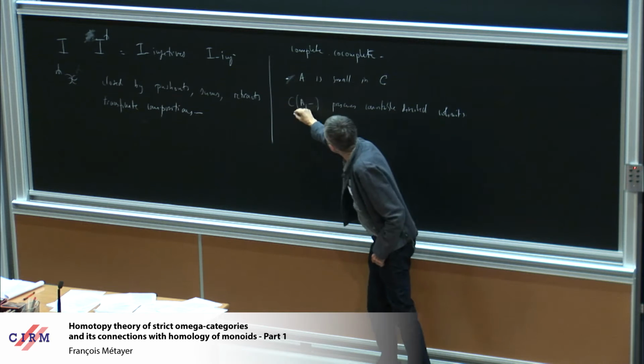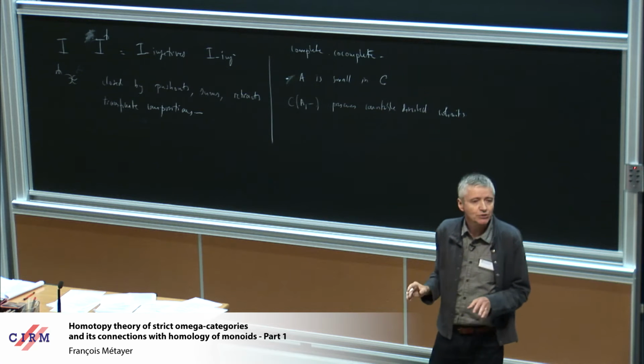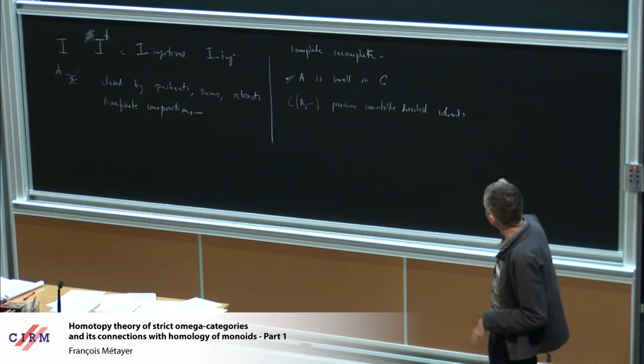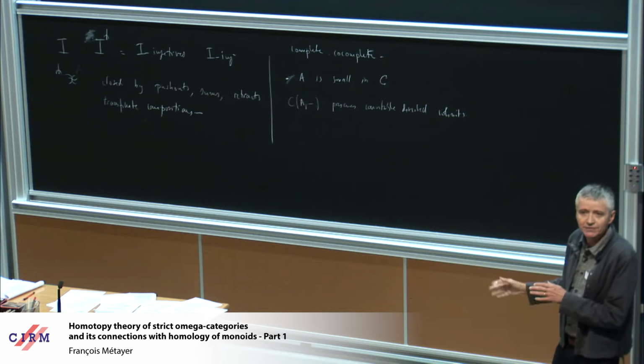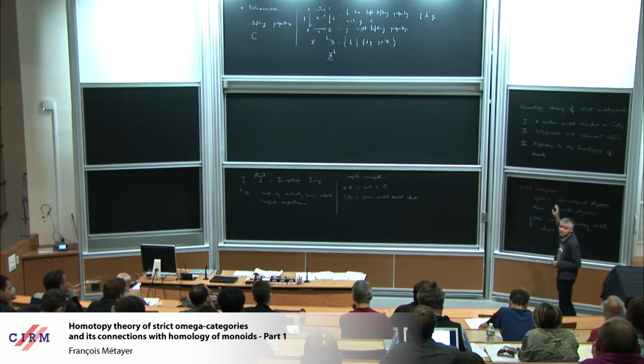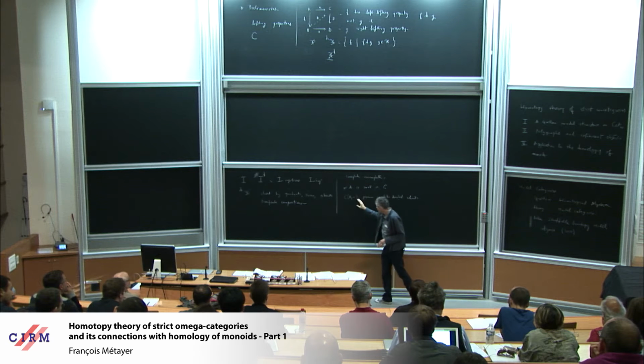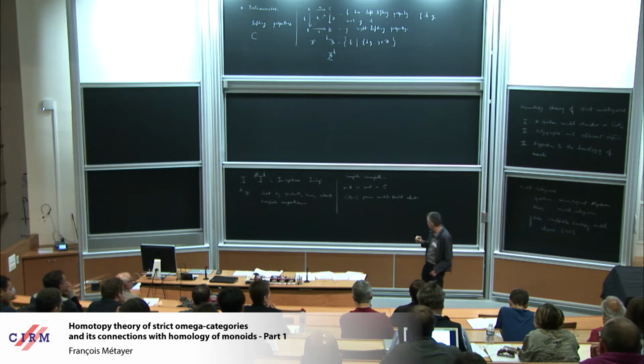We only deal here with the countable situation. We're not going to mention higher cardinals, because in the model category on omega cat, we only have to look at countable chains of morphisms.